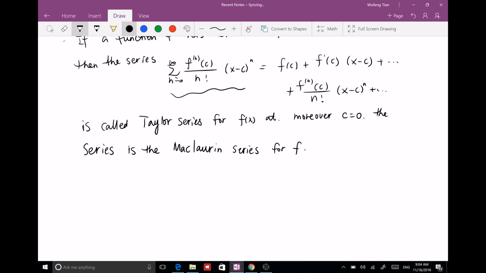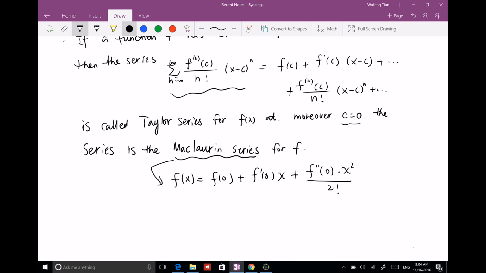If c equals 0, you're going to have something like this. Because this is the Maclaurin series, you have f(x) equals f(0) plus f prime of 0 times x minus 0, which is x, plus the second derivative f of 0 times x squared over 2 factorial, plus the third derivative of 0 times x cubed over 3 factorial.